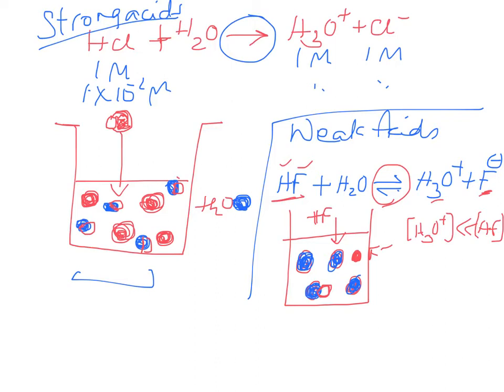On the other hand, if it's a good overlap, then you will not be able to break the bond, and you will consider that to be a weak acid. And so the degree to which the forward reaction takes place obviously depends on the attraction of the H plus with the corresponding conjugate base in this case.